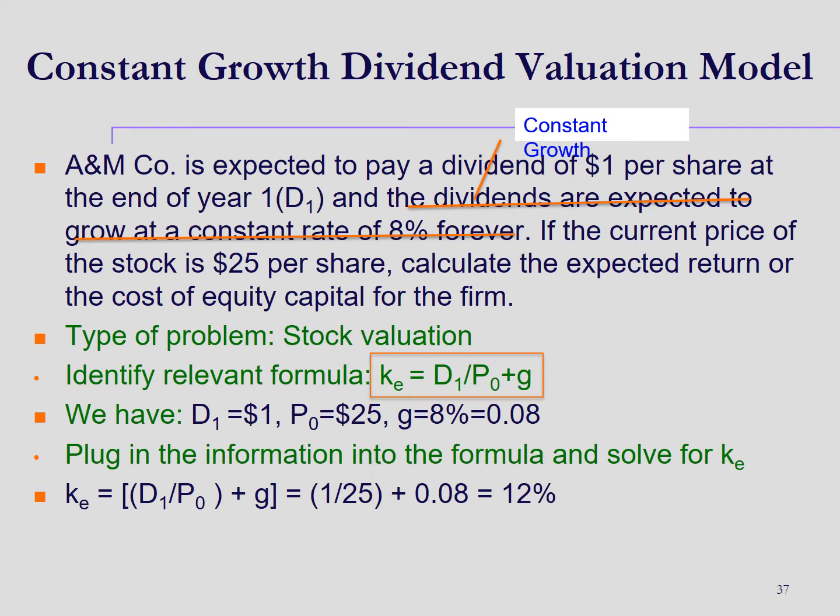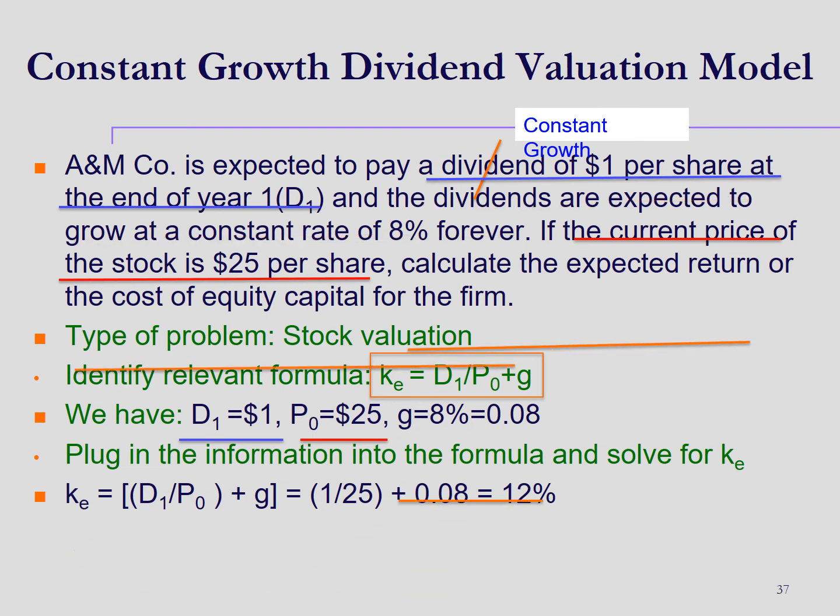We have D1 equal to 1, the current share price P0 equal to 25, the dividend growth rate G equal to 8%. Plug the information into the formula and solve for the required rate of return KE, we obtain the required rate of return KE equal to 12%.